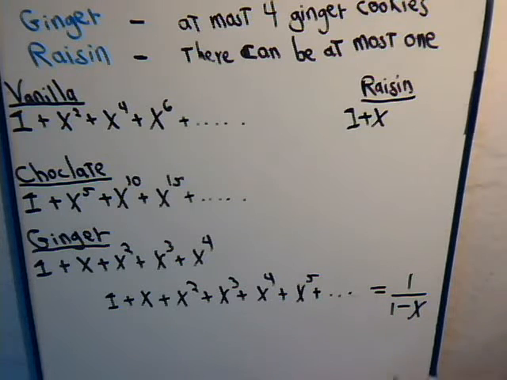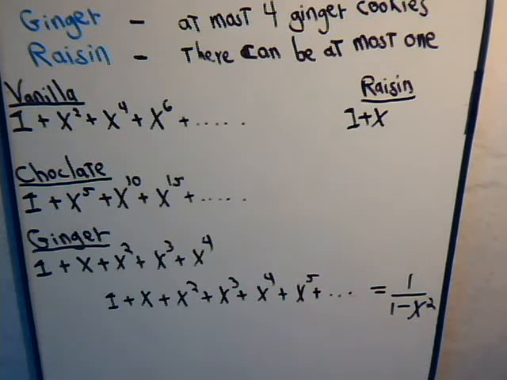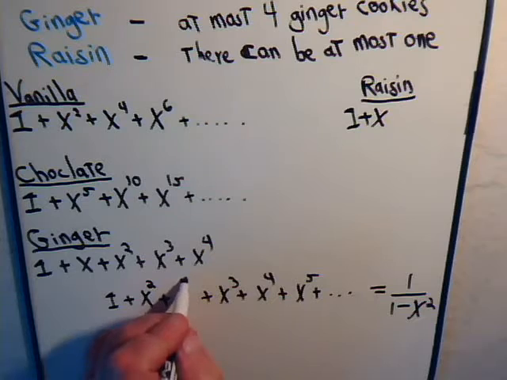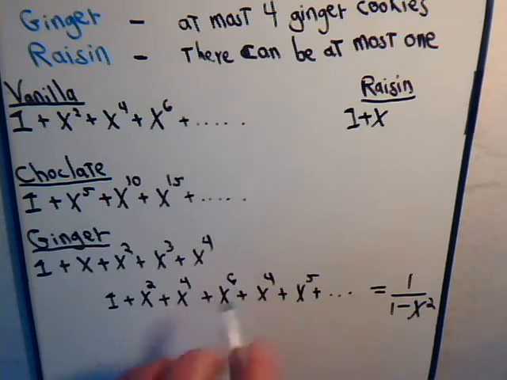Well, if we had here 1 minus x squared, then that would equal 1 plus x squared plus x squared squared plus x squared cubed, and so forth.